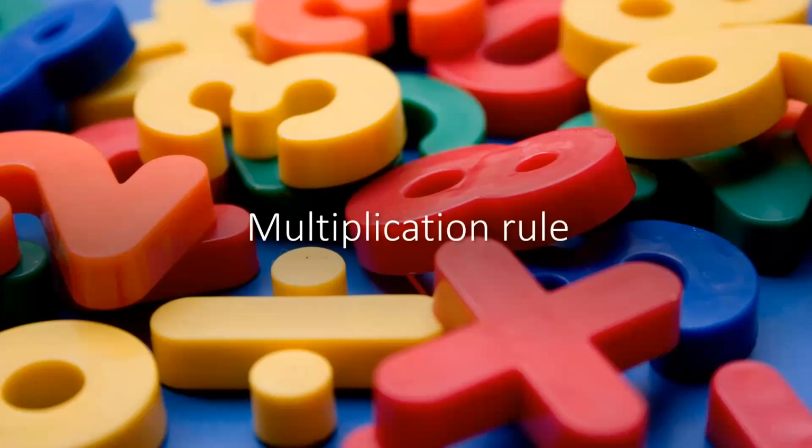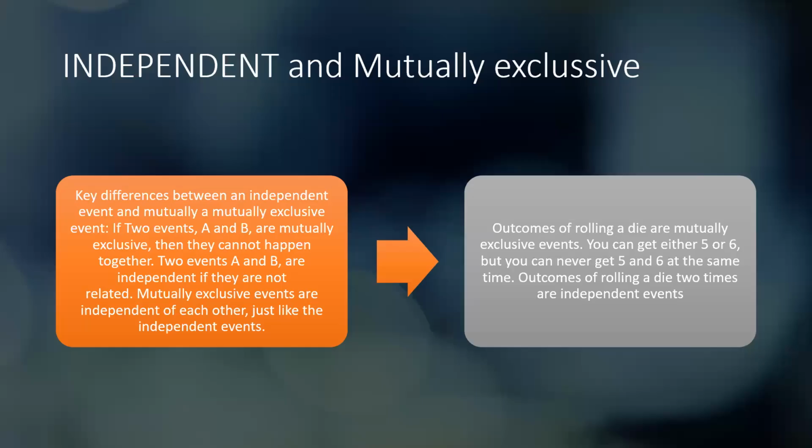Now coming to the multiplication rule. For this, you have to understand the difference between mutually exclusive and independent events. If two events A and B are mutually exclusive, they cannot happen together, as I've already told you.